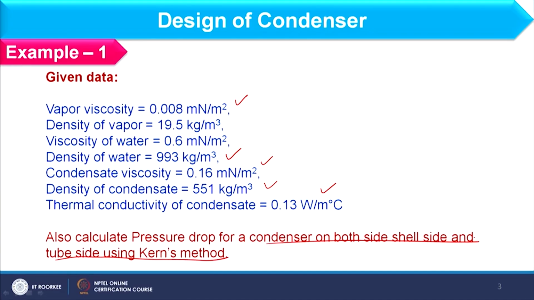So, this is basically example 1 for design of condenser, and let us start the solution of this problem. So, as far as shell and tube heat exchanger design is concerned, the first step is to find out the heat duty. In the similar line, here in design of condenser, we have to first find out the heat duty. And how can I find out the heat duty?